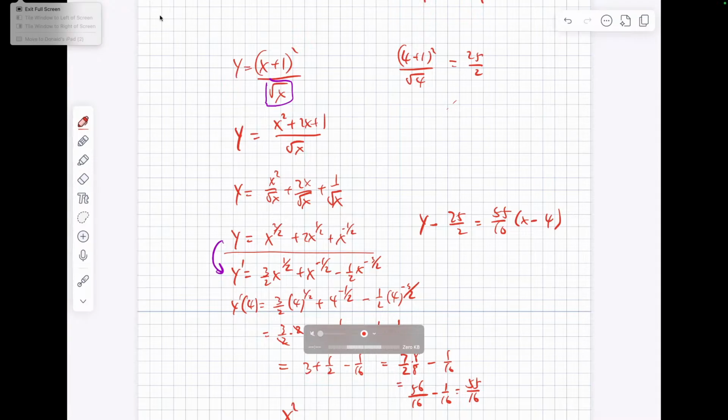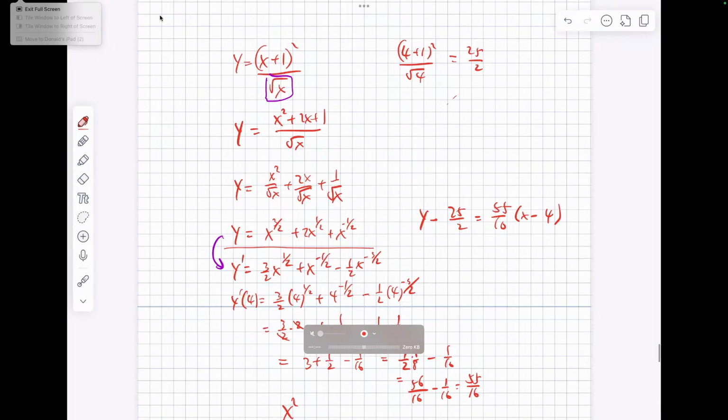Yeah, so this is the question. I got 55 over 16. I don't know if everybody got that. Did anybody get 55 over 16 for slope? This is question 1B.